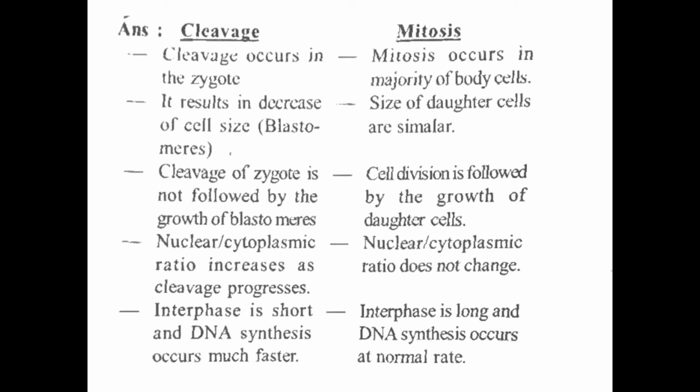It results in the decrease of cell size. In cleavage the number of cells is increased while the cell size is decreased, but in mitosis the size of the daughter cells is similar.